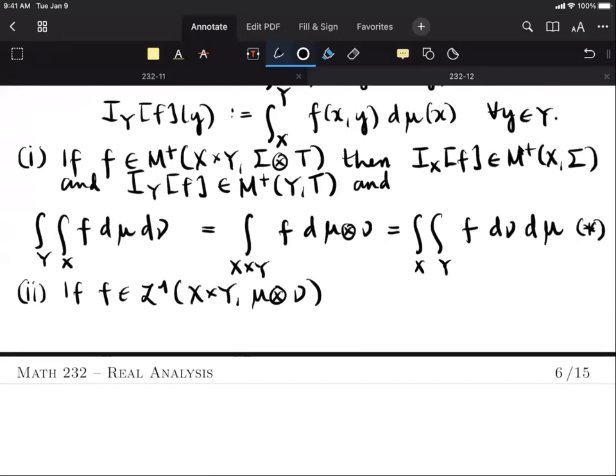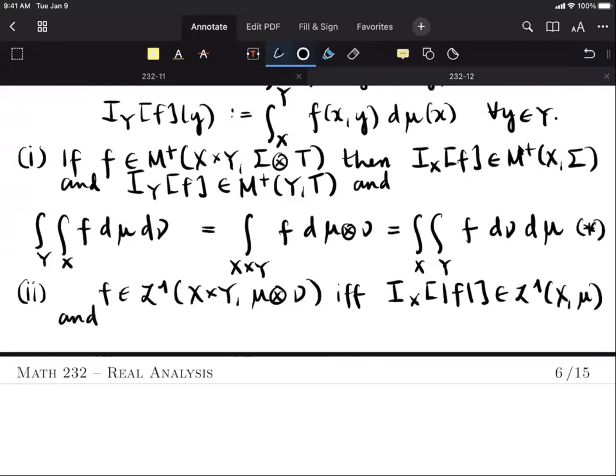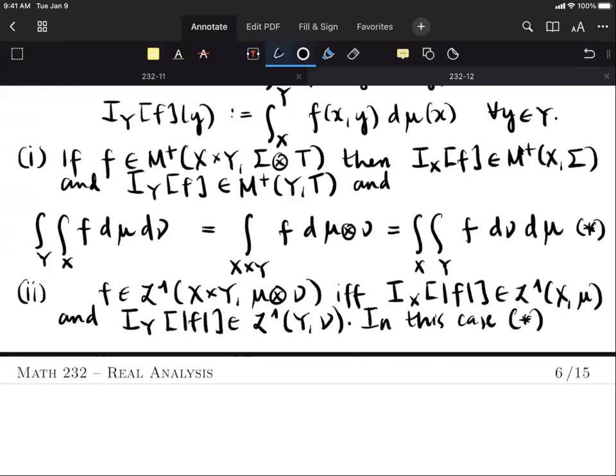So f is integrable if and only if these functions I_x, with f replaced by the absolute value, is integrable, and similarly for y. Now, if this is the case, the above identity also holds.